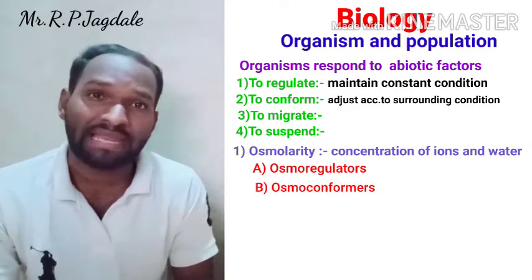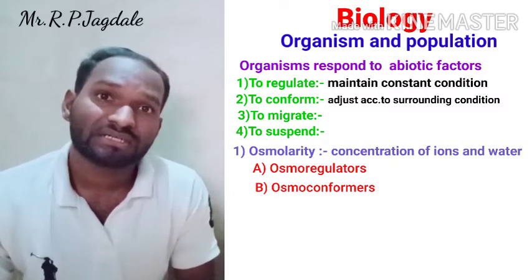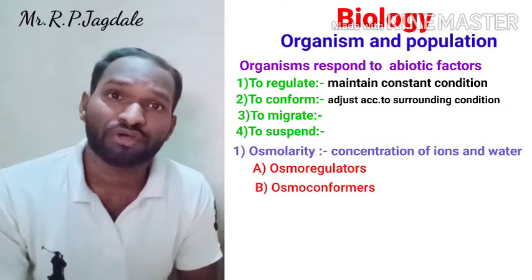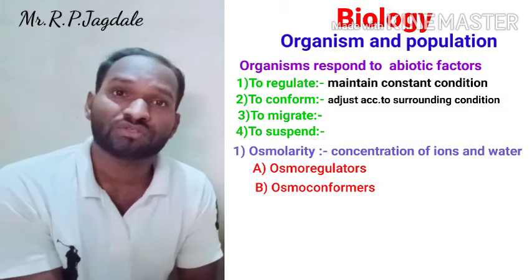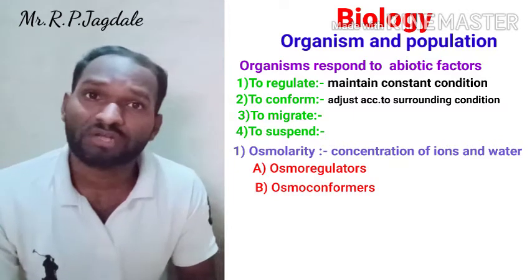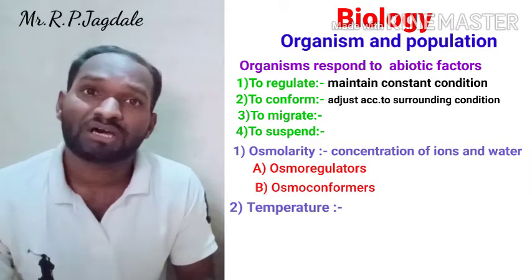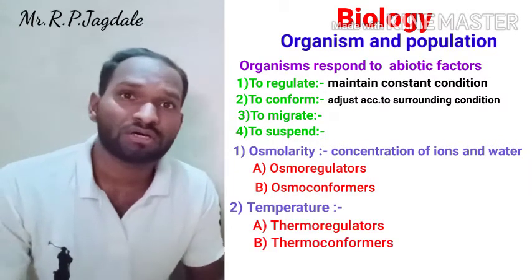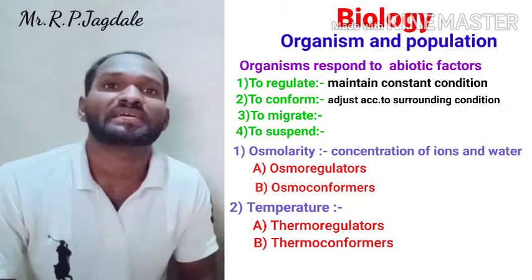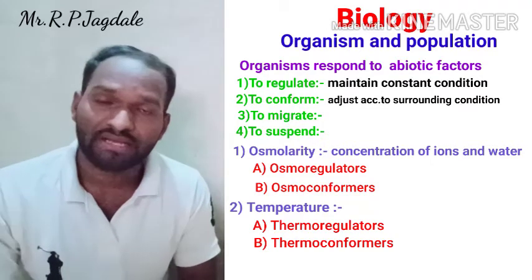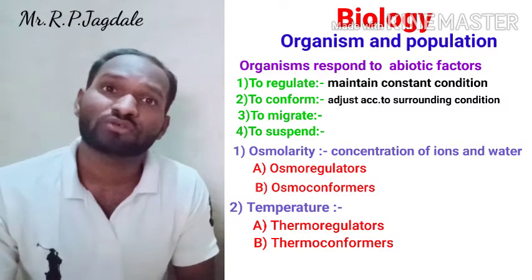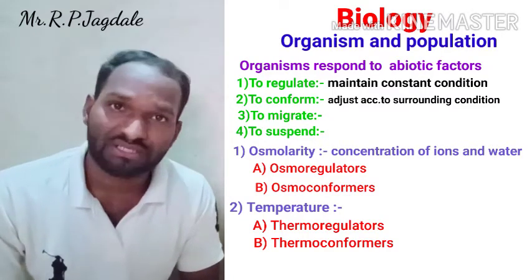Osmoregulators maintain a constant concentration, and osmoconformers adjust according to the surrounding concentration. Same in the case of temperature, there are thermoregulators and thermoconformers. Thermoregulators maintain a constant temperature, and thermoconformers adjust with the surrounding temperature.